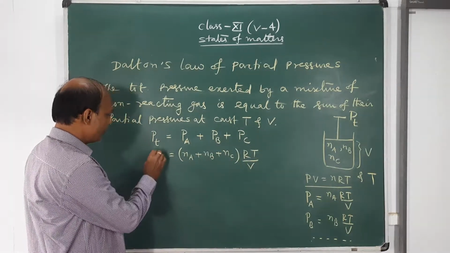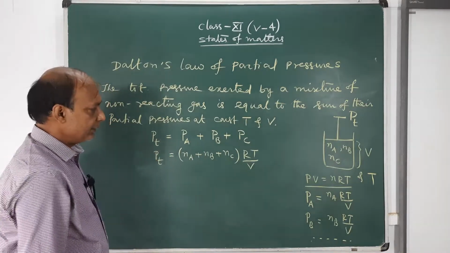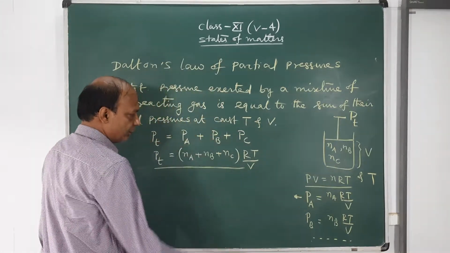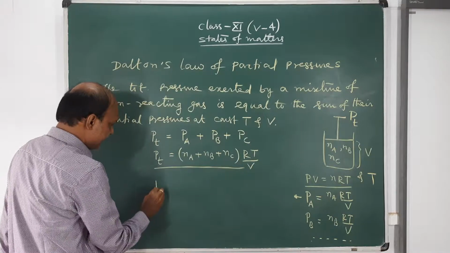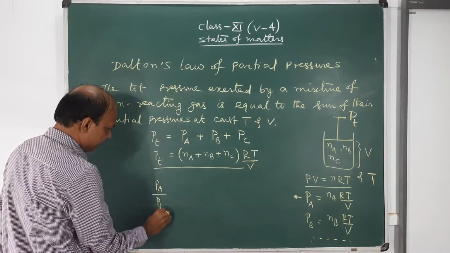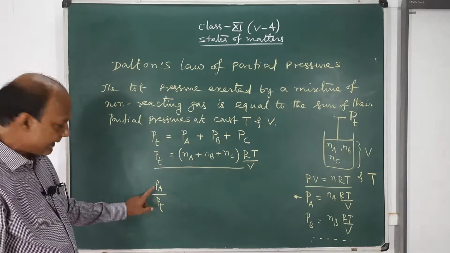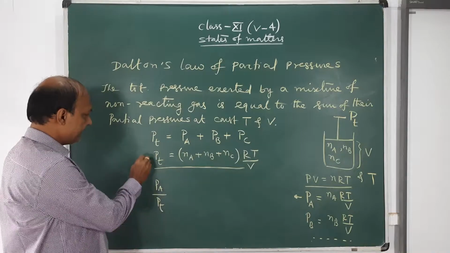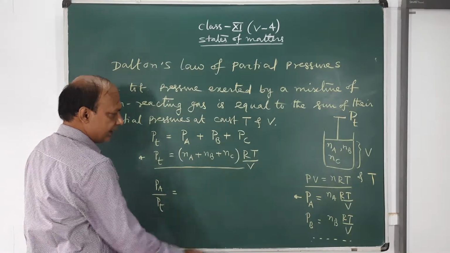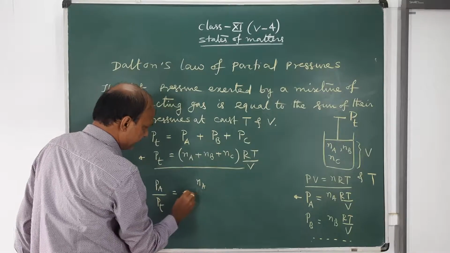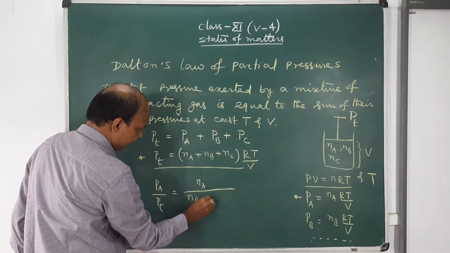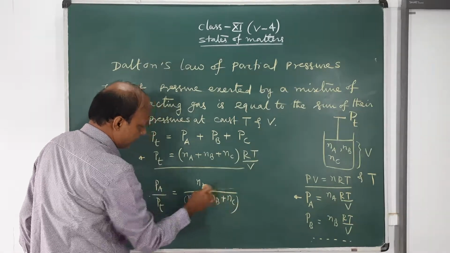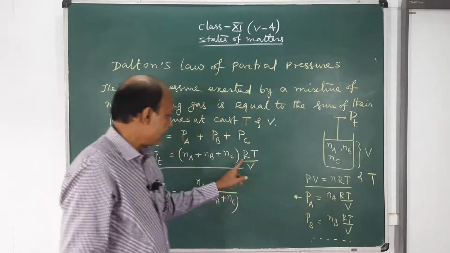This is equal to total pressure, P total. Now, you know that this is P total and this is the partial pressure of a gas. So if you divide this by this, Pa by Pt, partial pressure of gas A by total pressure exerted by the mixture, then you will get Na by (Na plus Nb plus Nc), because RT by V and RT by V will be cancelled.